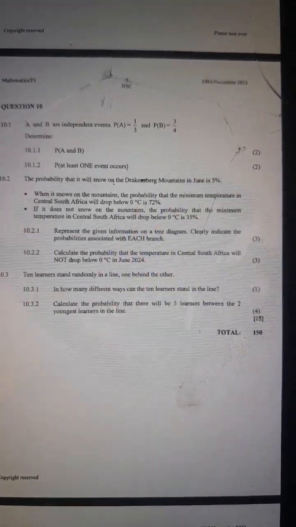Then we get the solution. For 10.1.2, they said calculate the probability that at least one event occurs. So it's either the probability of A or the probability of B. So let's put that into practice.